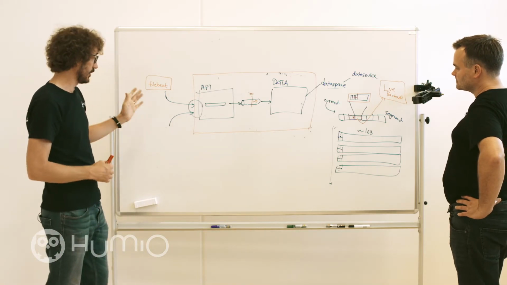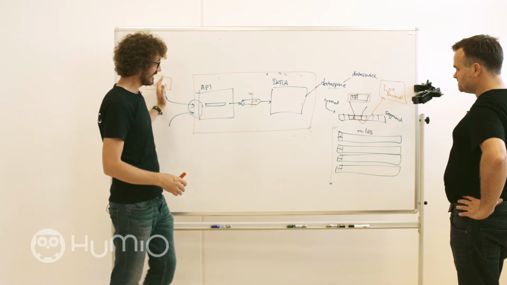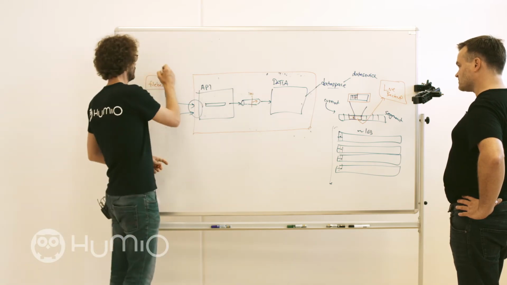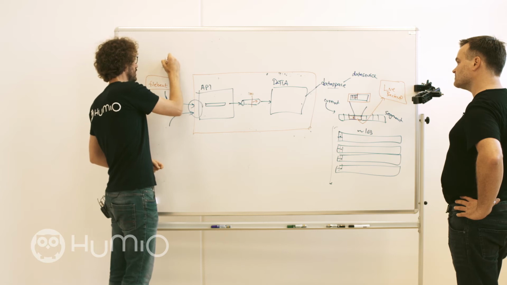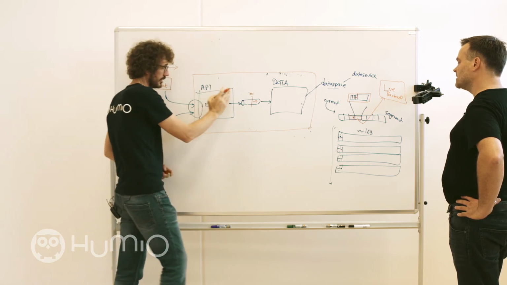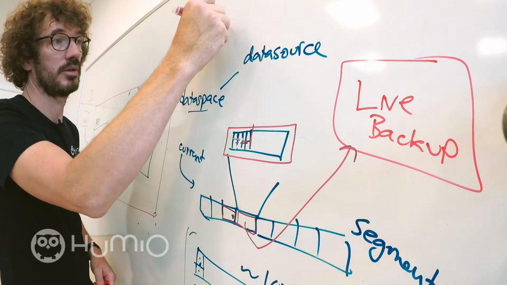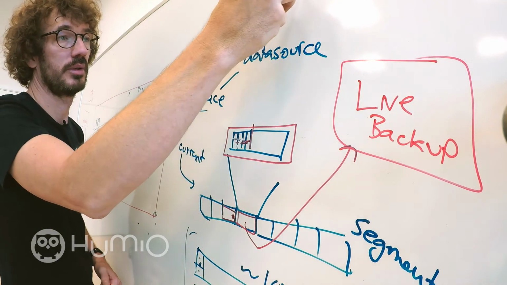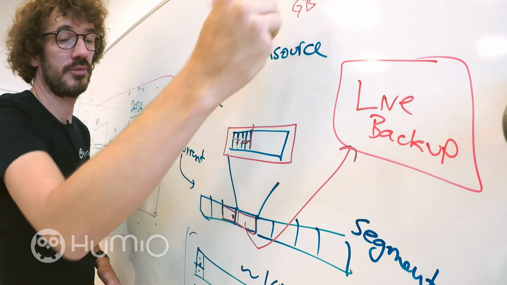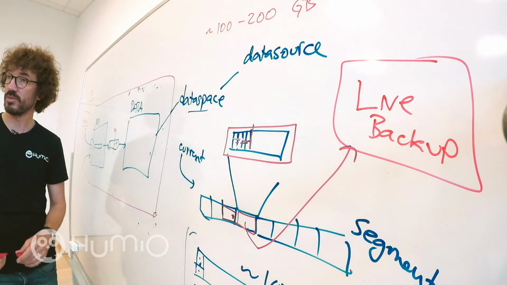So again, if you push in typically 1 terabyte of data through this API, it typically becomes maybe 100 to 200 gigabytes of data when it is at rest here.